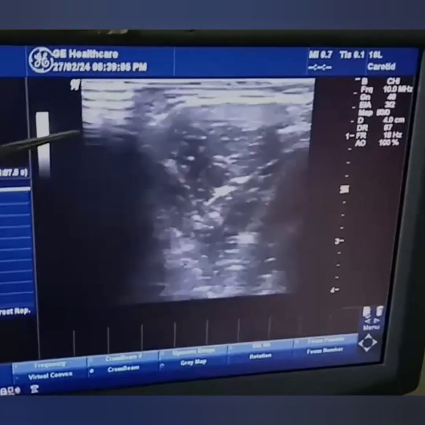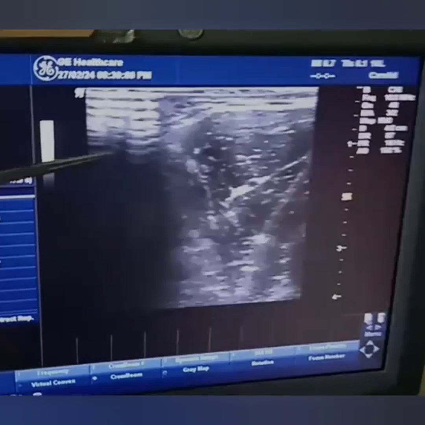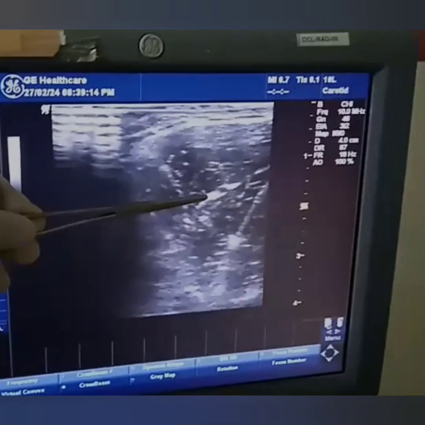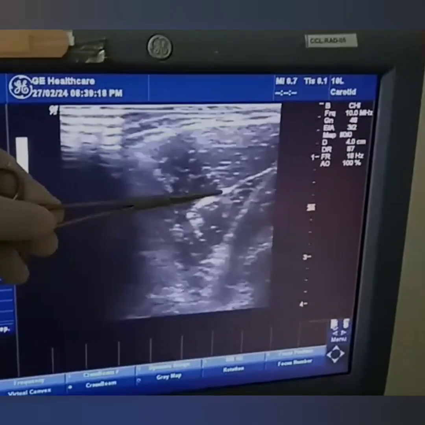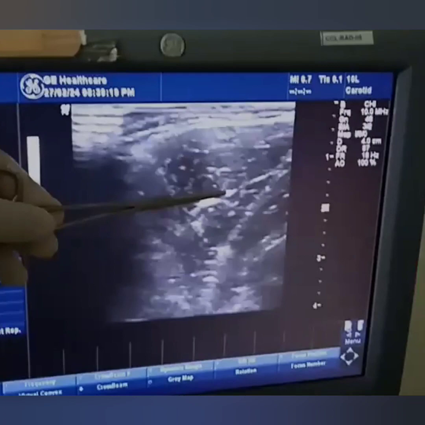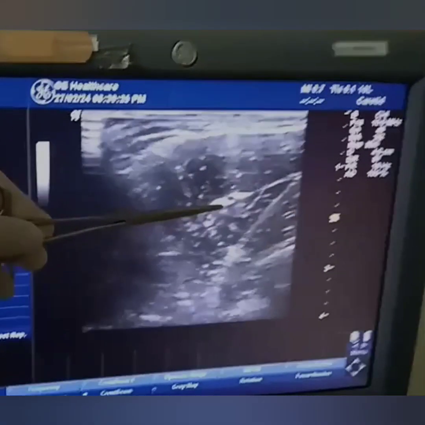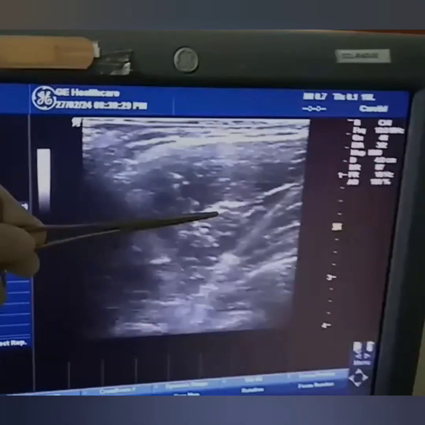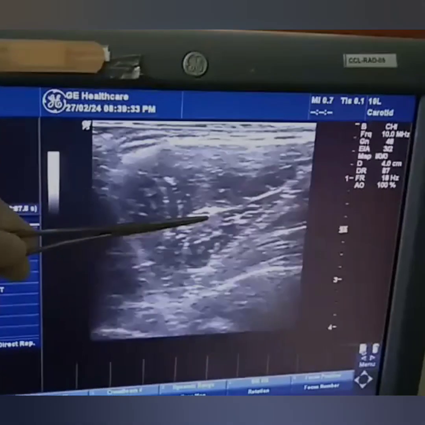Yes, there is a white structure there. There's a white structure, this one is the musculocutaneous nerve. If you see my probe, the probe is on the lateral side of the artery. The coracobrachialis muscle is laterally present of the two in the axilla, if you keep the axilla as a reference point.